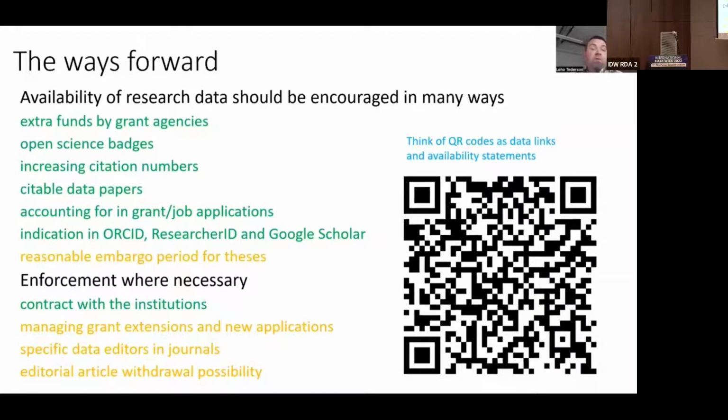Another option is accounting for data availability in grant or job applications, and also indication of available or shared data in researchers' ORCID, ResearcherID, and Google Scholar profiles.